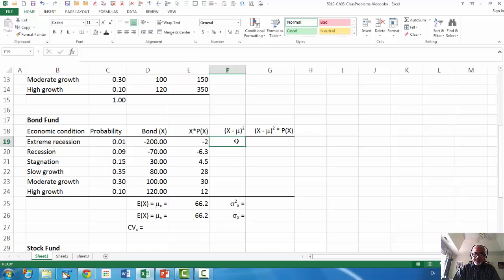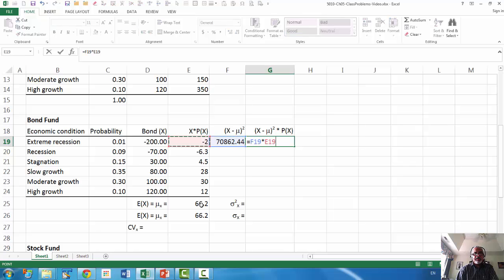Now that's the expected value of X. Now if you take each X value outcome minus the expected value of X, that must be absolute referenced. And then you square that. Now you take that squared deviation, multiply by the corresponding probability.